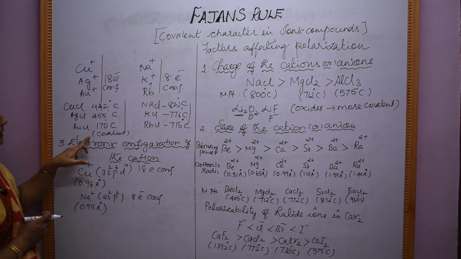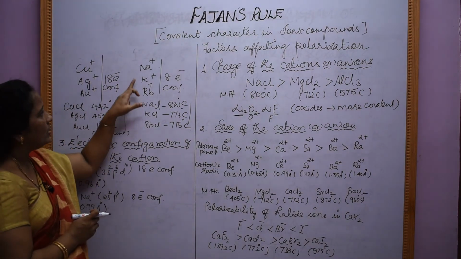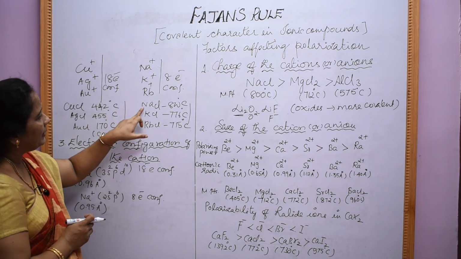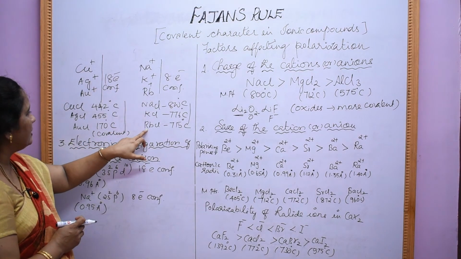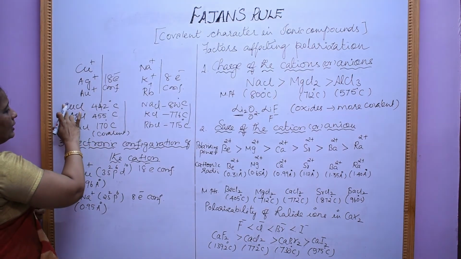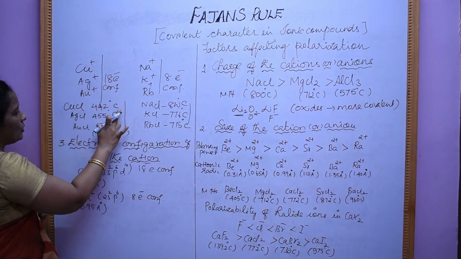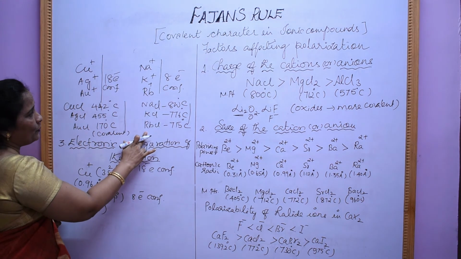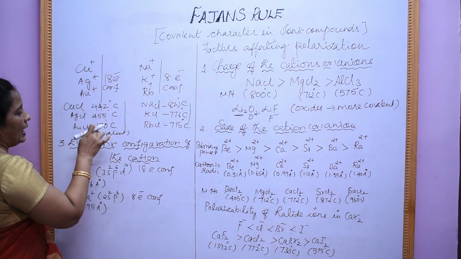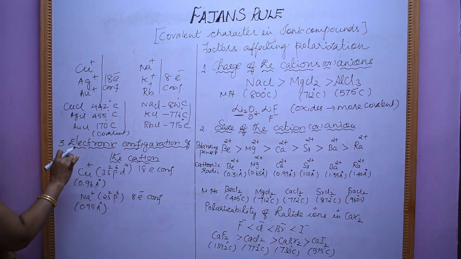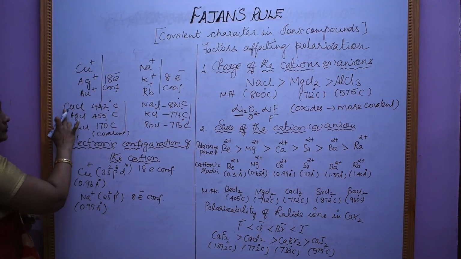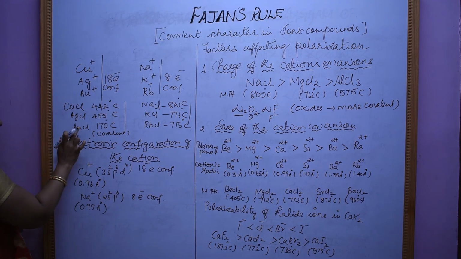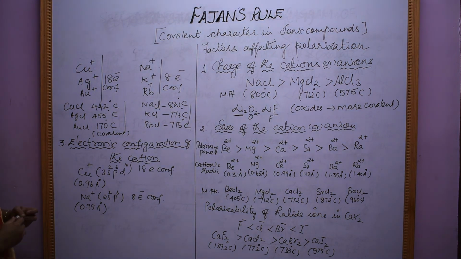They have low melting points when compared to NaCl, KCl and RbCl. Therefore we say that the cation having 18 electron configuration has more polarizing ability than the cation having 8 electron configuration, and this has been justified by the low melting points observed in these halides, and these compounds are found to be covalent. They have more covalent character when compared to NaCl, KCl and RbCl.